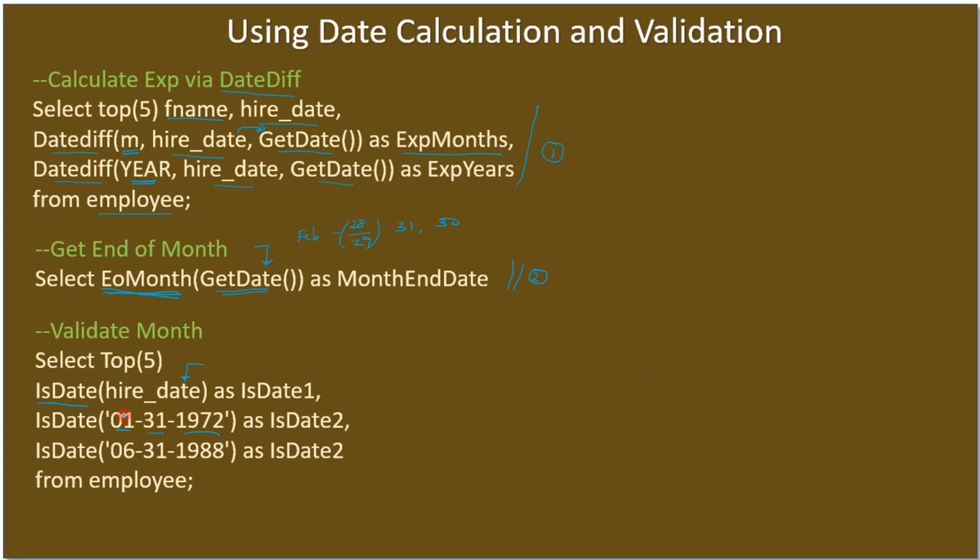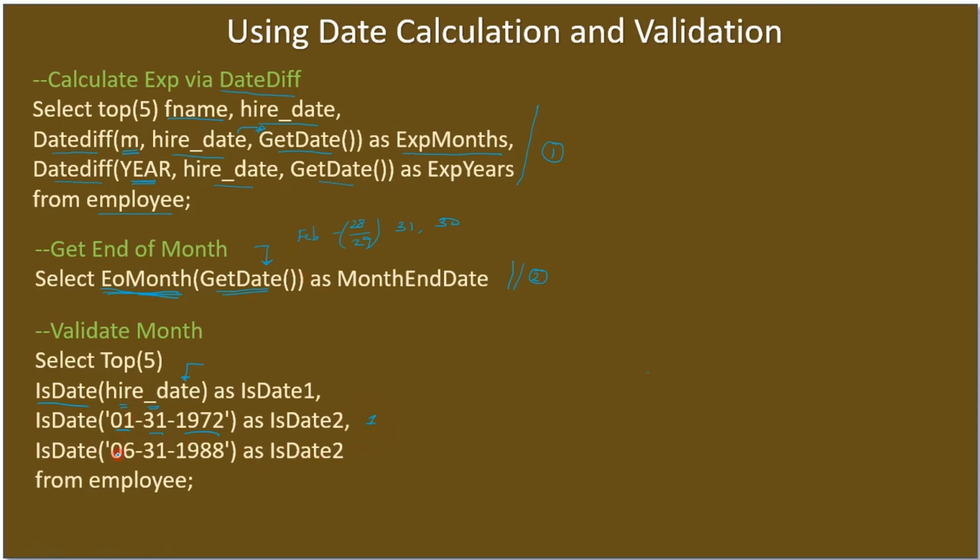This is a valid date because the month is January and the day is 31. The year doesn't matter, so this is valid, and it will give you 1, stating that it's a valid date.